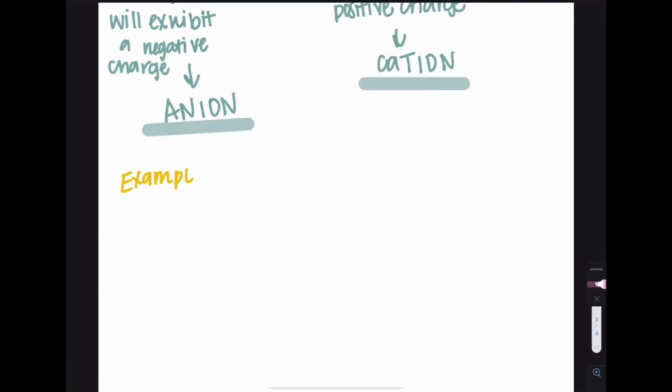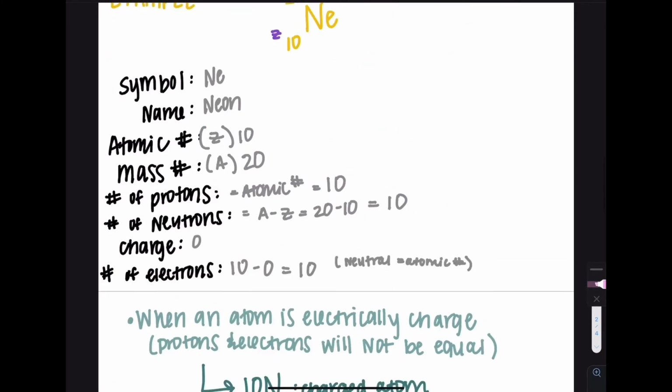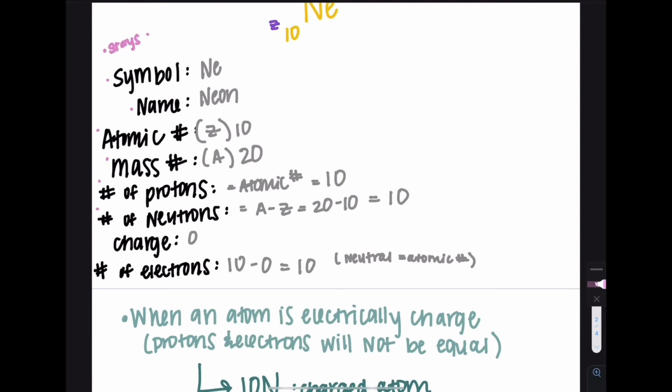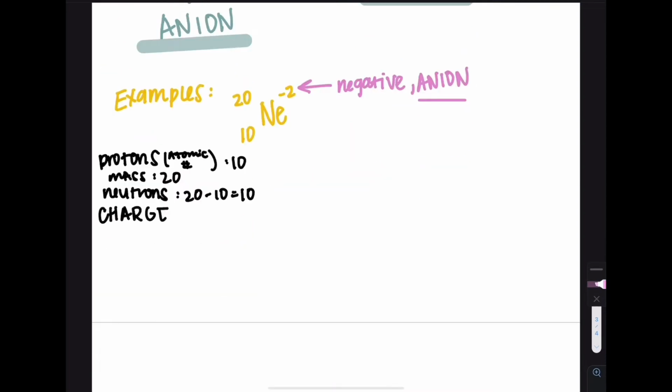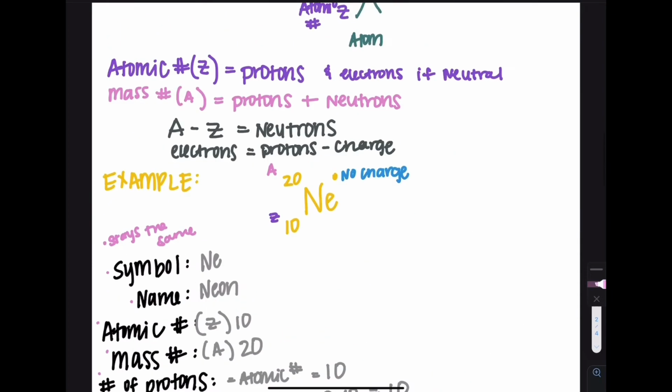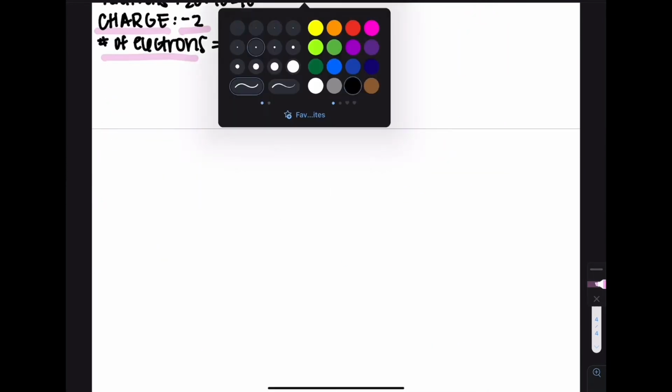First, we're going to start off with an anion, and we're going to stay with the neon atom just to stay clear, with 10 as atomic number and 20 as atomic mass, and the charge is just going to change. The symbol, protons, mass, and neutrons are going to stay the same. Since the charge is negative, it is an anion. The electrons is just going to be the protons minus the charge, which is going to equal 12.